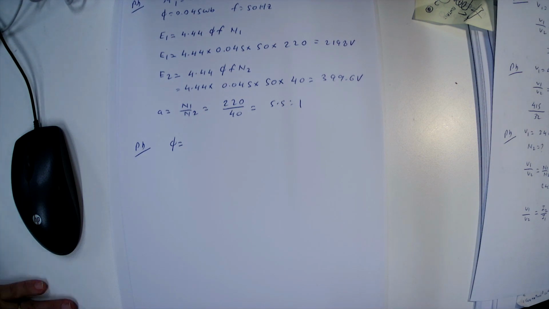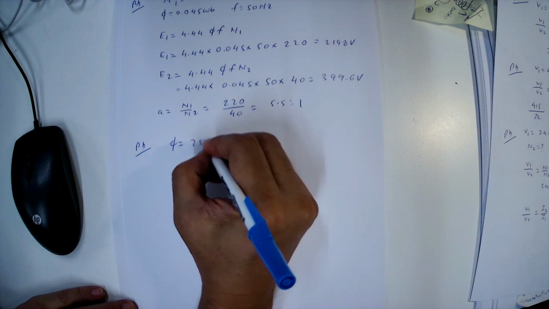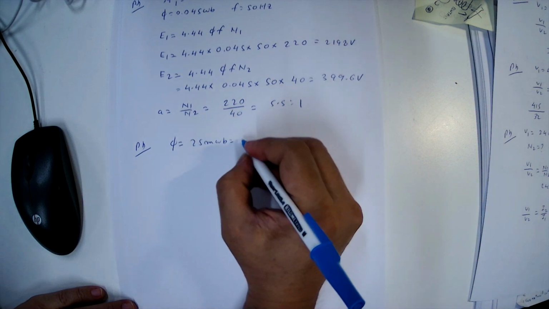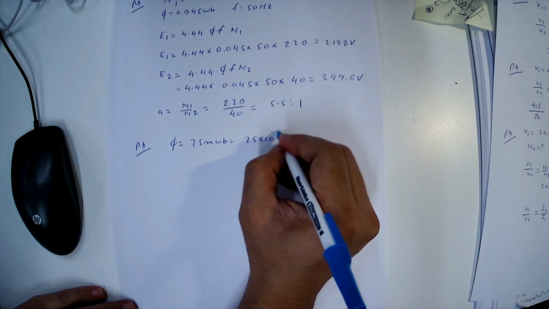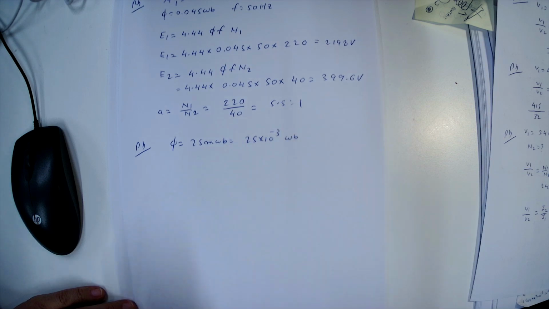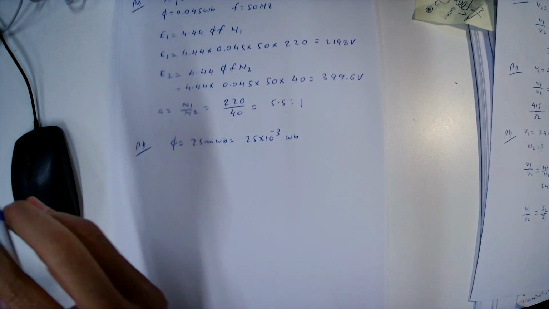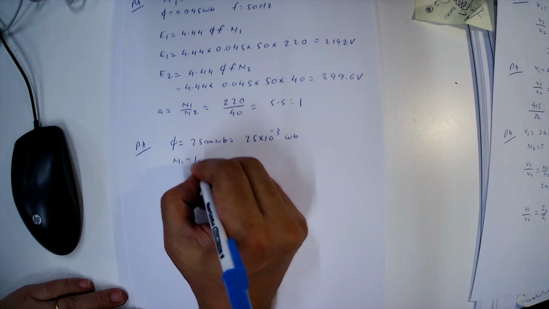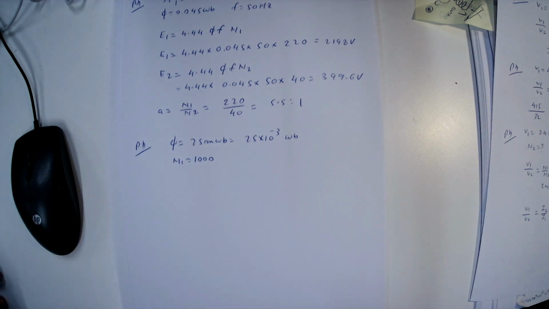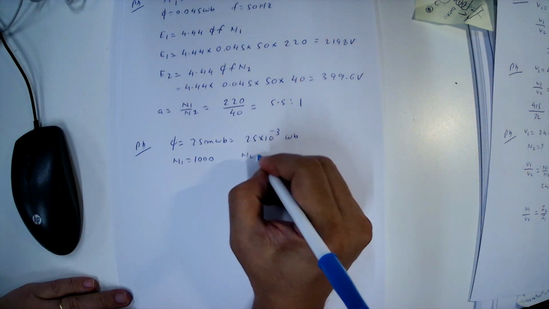The flux is 25 milliweber, which means 25 multiplied by 10 power minus 3 Weber. Primary turns N1 equal to 1000, secondary turns N2 equal to 1500.